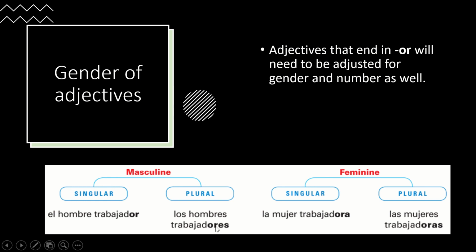So since trabajador ends in an R, which is a consonant, we have to add ES to make that plural. But if we want to talk about multiple females who are hardworking, in this case, we would say las mujeres trabajadoras. So all we had to do was add an S to our adjective trabajadora.